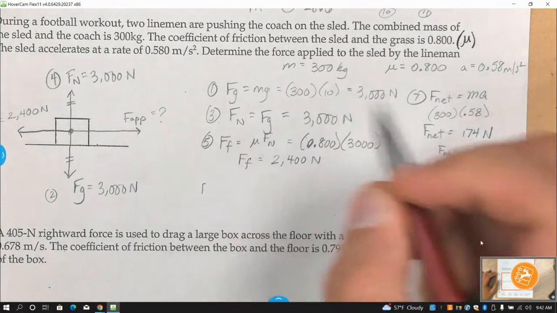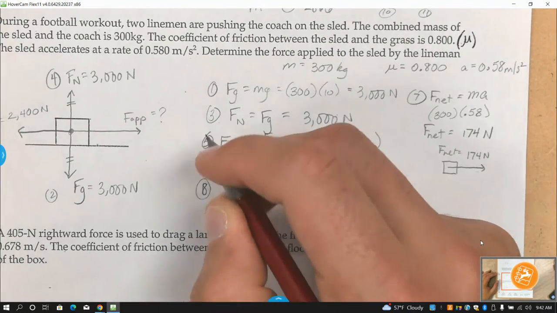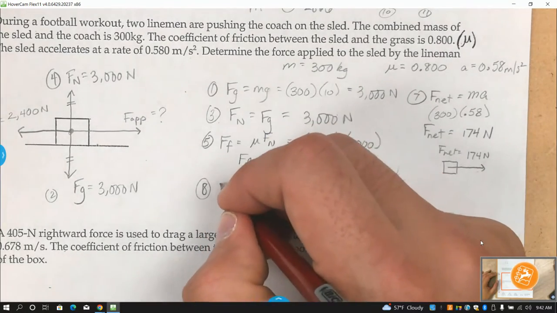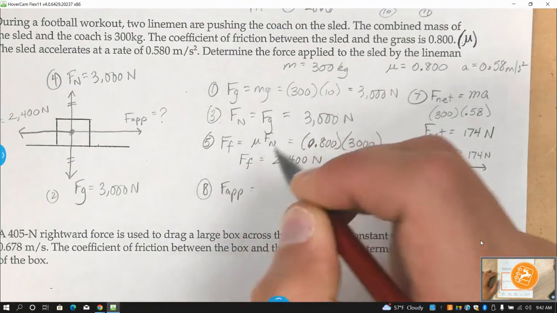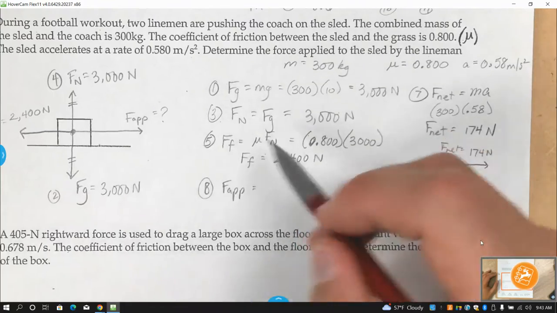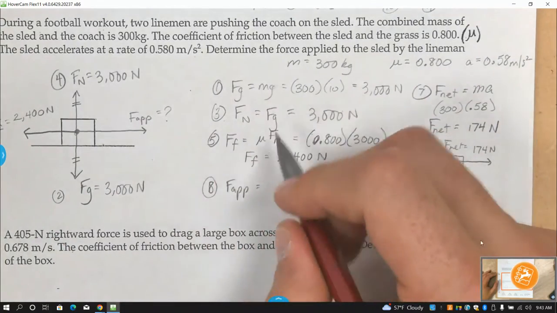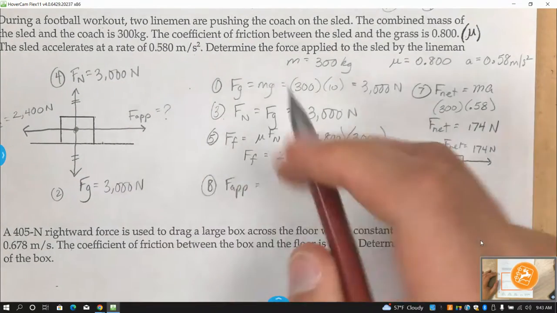So this would be, I guess, step 8. To find this applied force here, you would need to take the friction force and the net force, add them together, because this side has to be greater than this.